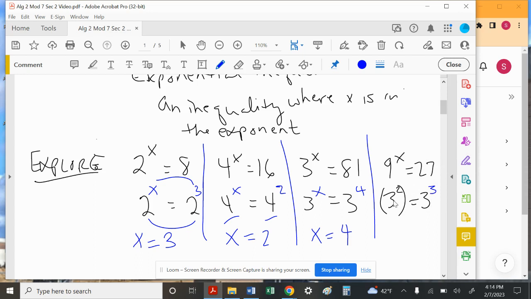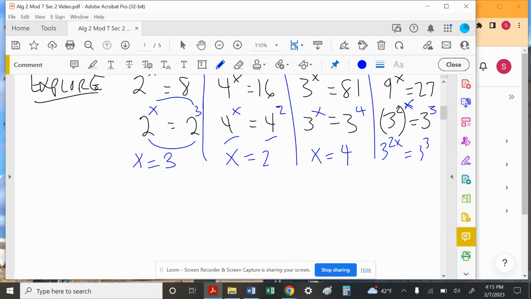So now notice we have the same base. However, notice this is 9 to the x, so it has to be 3 squared to the x. And then when we have 3 squared to the x, that really just becomes 3 to the 2x. That equals 3 cubed. Now we can equate the powers. So we get 2x equals 3, and x equals 3 over 2, because we divide both sides by 2.